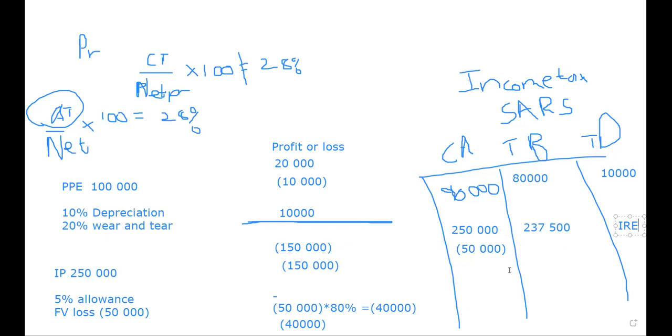And then we move on to this 50,000. Now, the tax base for this 50,000 currently is nothing. We don't have anything here for the tax base. Then that will give us 50,000 minus nothing, so that's the temporary difference that we are going to get here. Let me just type it back here.